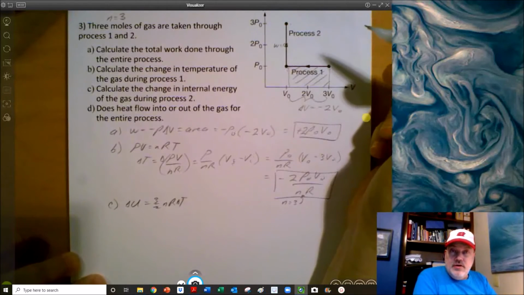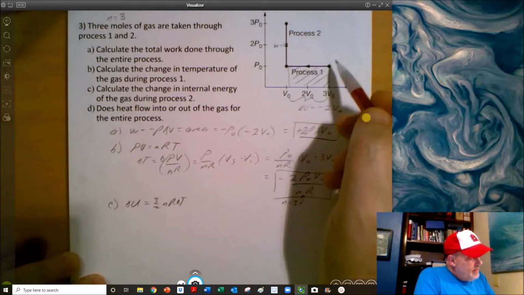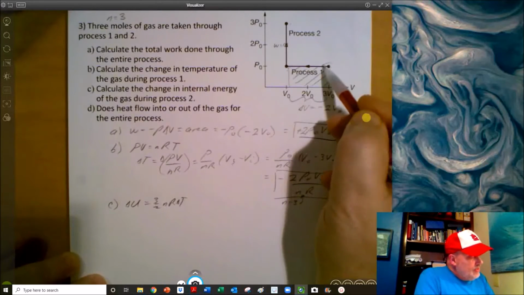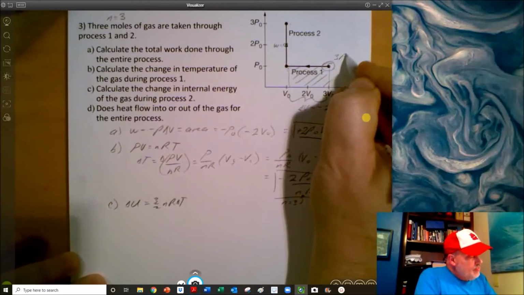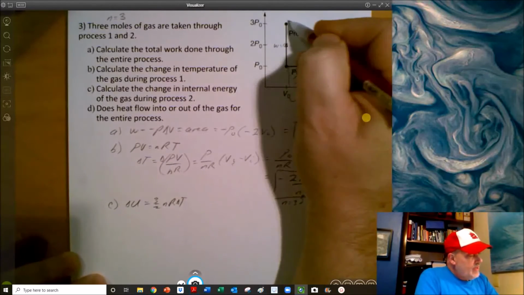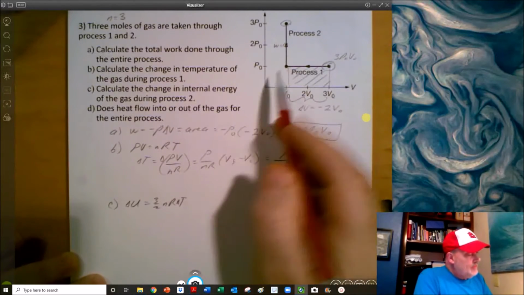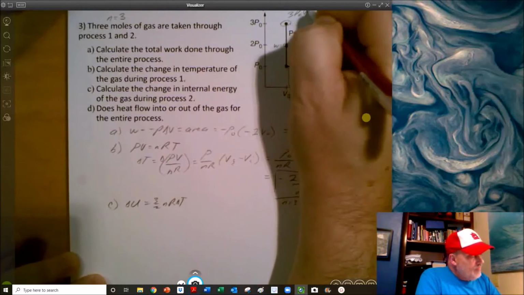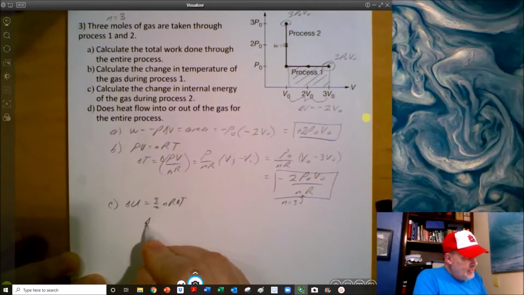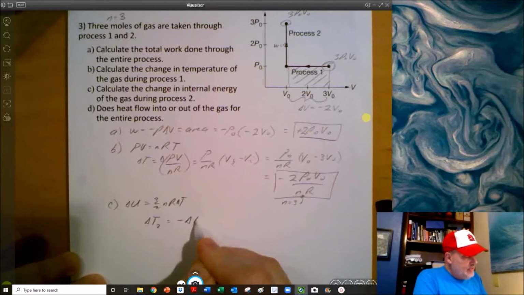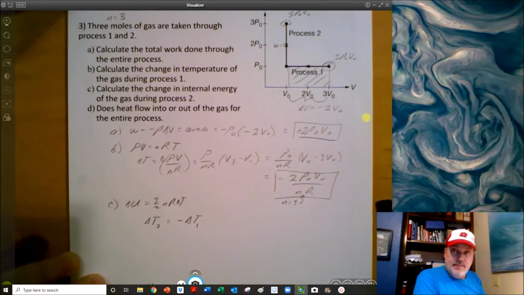Now, right here, this initial temperature is 3 P naught V naught, and the final temperature here is also 3 P naught V naught. So actually what we have in this problem is that the change in temperature for process 2 equals the negative of the change in temperature of process 1.